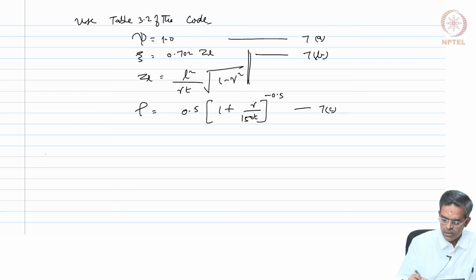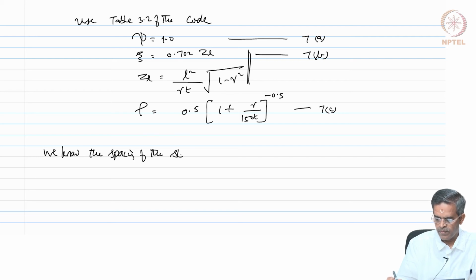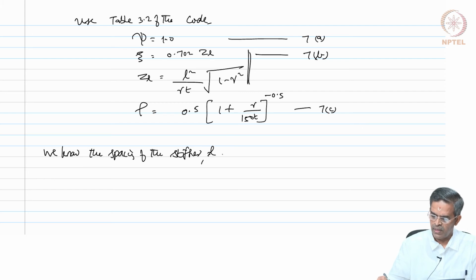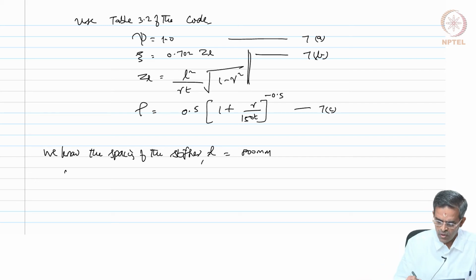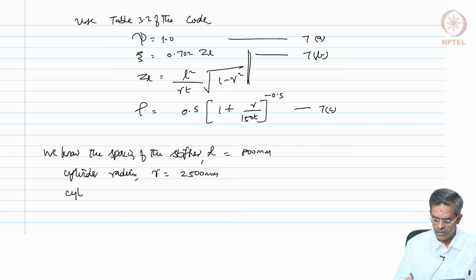Okay. Now, we know the spacing of the stiffener. The spacing of the stiffener given is L, which is 800 mm. Okay. We also know the cylinder radius, which is R, is 2500 mm. We also know the cylinder thickness, which is T, is 30 mm.